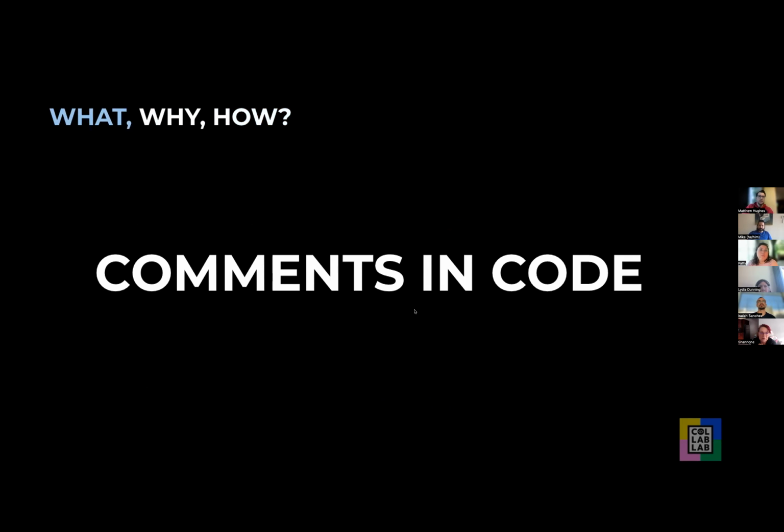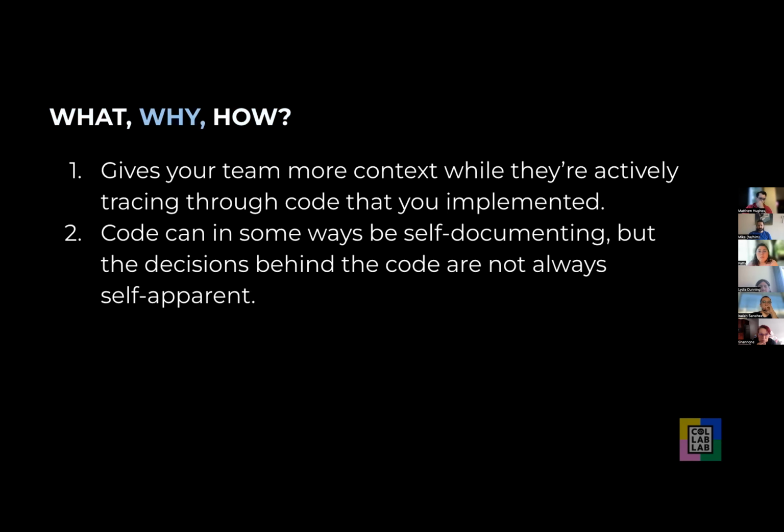And then the last piece of this slide is comments in code. This gives your team more context while they're actively tracing through the code that you implemented. Now that I'm thinking about it, I don't know if this is related to the pull request or the code itself. It's probably the latter, actually. But in the pull request too, you can go through and comment.